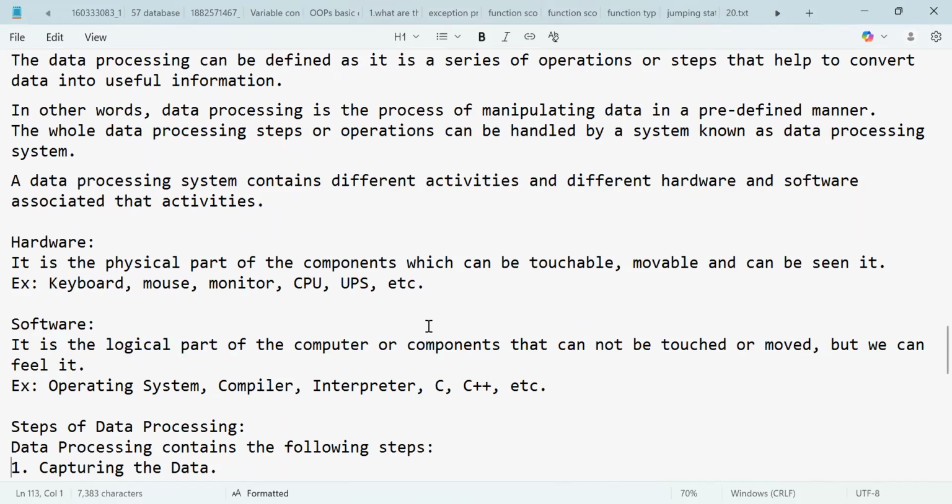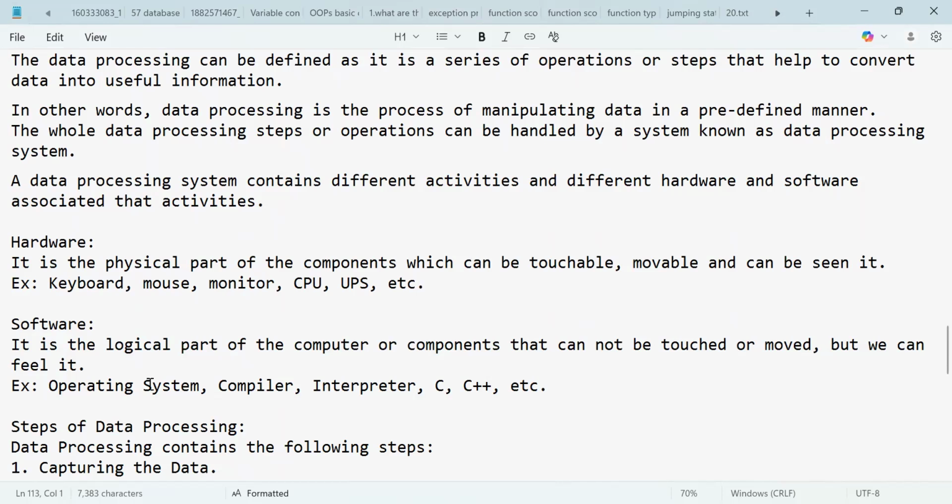Software is the logical part of the components that cannot be touched or moved, but we can feel it. Our operating system, compiler, interpreter, every type of language, and every type of application is known as software.